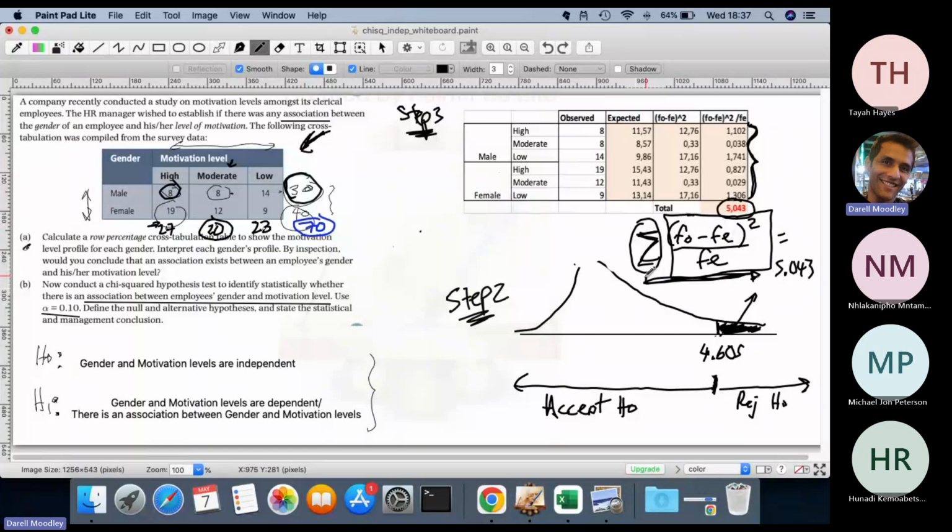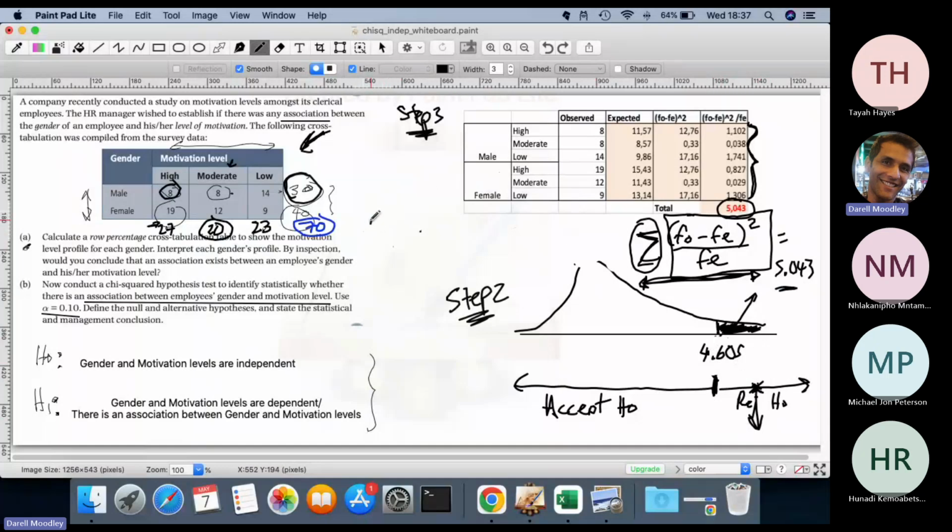But that is the test statistic that you need to work out to determine if you reject or accept your H0. So what you worked out here, you look at where it falls in your step 2 regions. You can see 5 is greater than 4.6. So it's somewhere on the right. It's definitely in the rejection region. So it means we are going to reject H0 because this is bigger than 4.6.